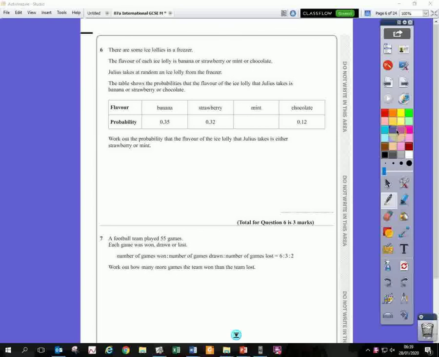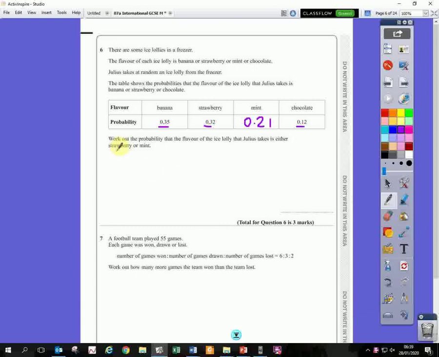On this next question, we have a probability table, and probability tables always sum to 1. So we can work out the probability of mint by adding the probability for banana, strawberry and chocolate and subtracting from 1. If we do that, we end up with 0.21 for mint.